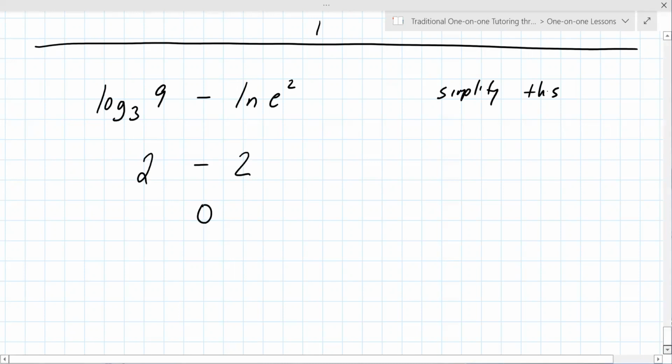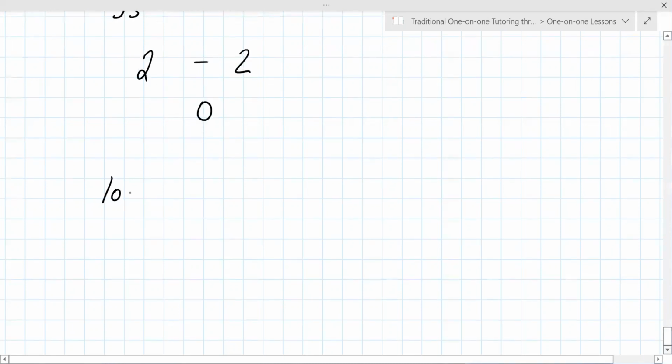Okay, so let's try a little bit harder one here. Let's go log base 5 of 1 over 25 minus the natural log of e to the -3.